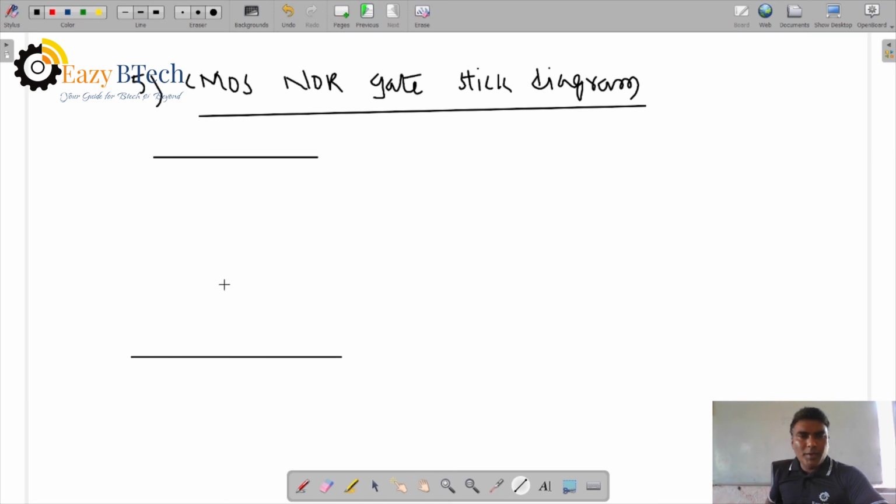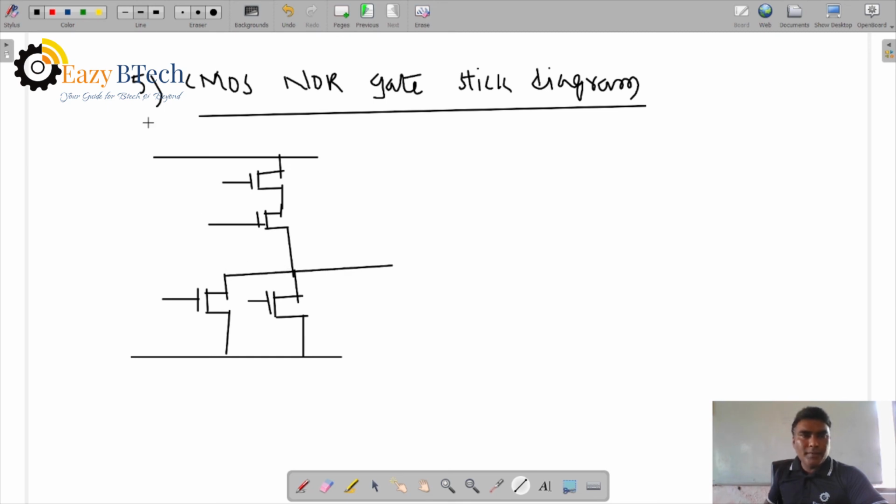A plus B complement means A and B are parallel. The logic we should know first. Then you can draw the NMOS enhancement. Then the complement is PMOS, so the PMOS are in series. Logic is (A plus B) complement. If you know the logic, we can draw the circuit very easily. Right? So the output we can take.